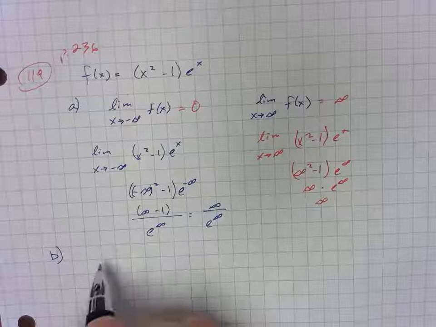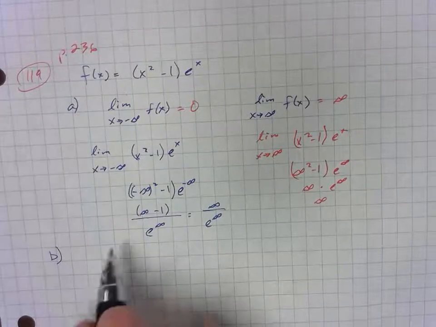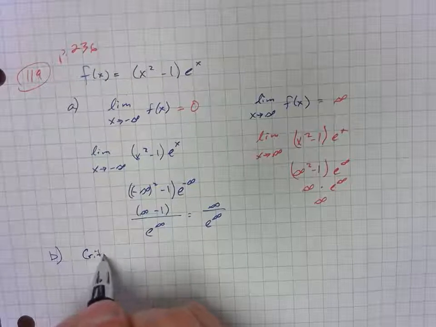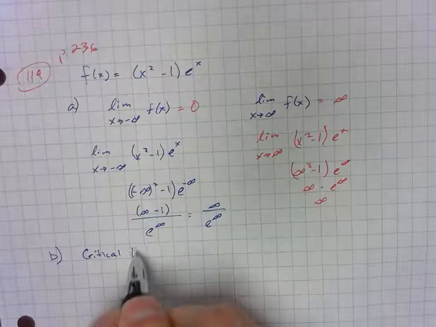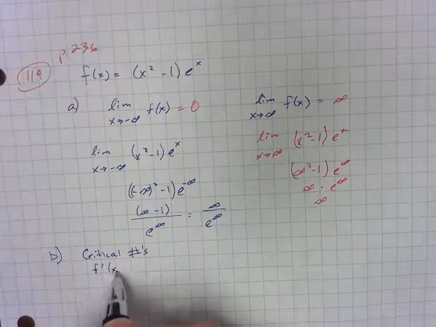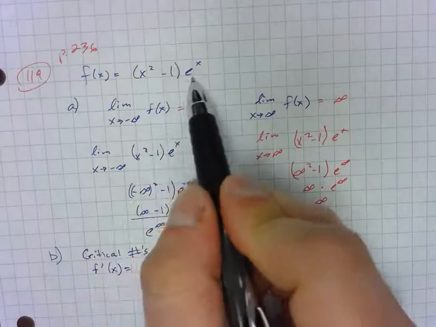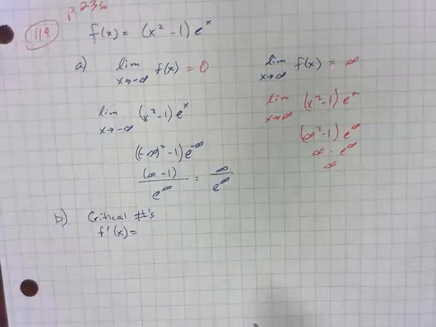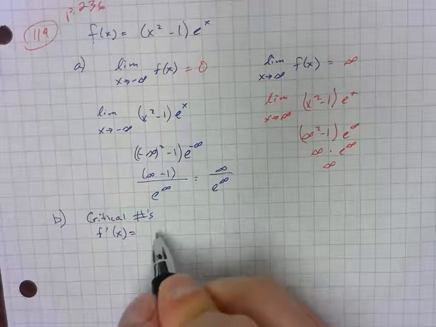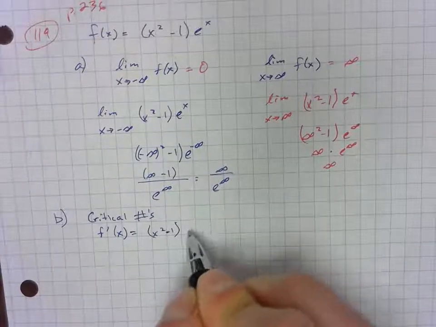Part B says find the critical numbers of f. In order to find the critical numbers, we need to find the derivative. So let's first find the derivative. F prime of x is equal to, because we have a product going on here, we're going to use the product rule. So I'm going to say the first, x squared minus 1, times the derivative of the second.